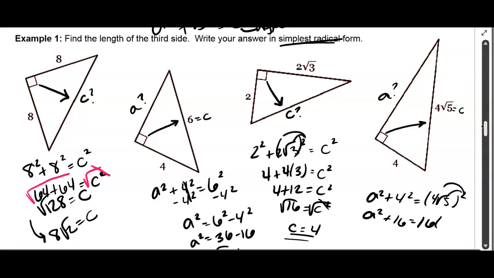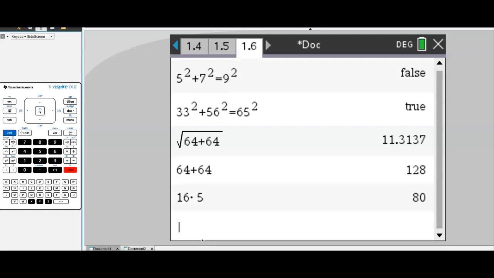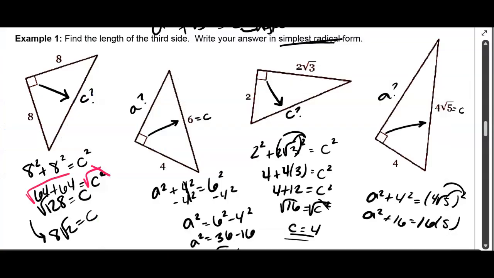You can put it in your calculator, by the way, if you're not sure. So if you don't take my word that squares and square roots cancel out, you can always double check with your calculator. And then we're going to multiply this out. 16 times 5 is 80. So we're going to have a squared plus 16 equals 80.